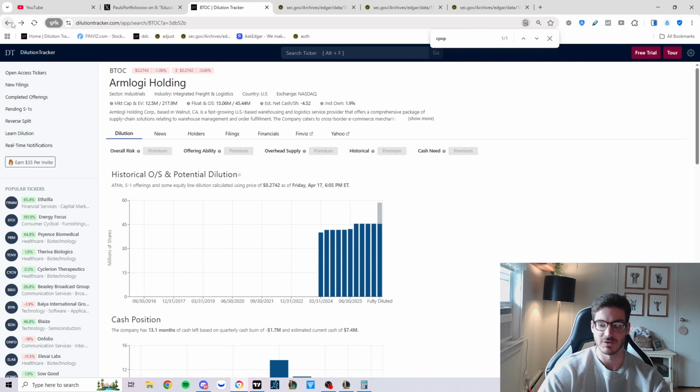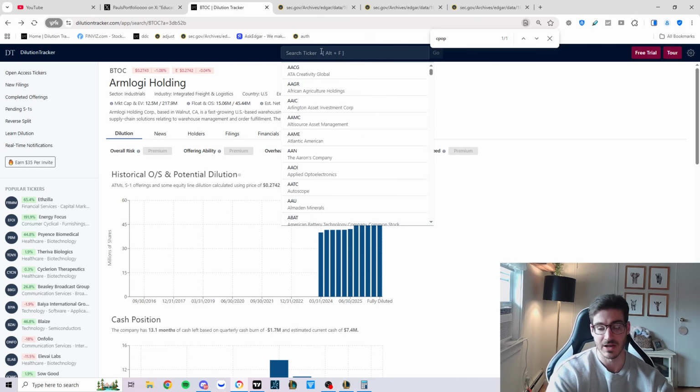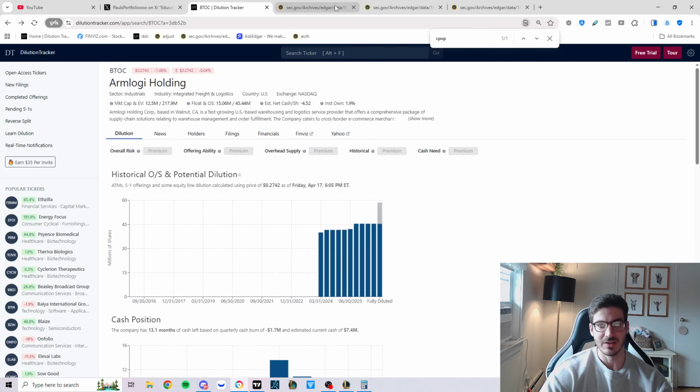Let's just say I have a $20 million ATM. I could file a prospectus to use 5 million of that, use all that, then file another prospectus and use 5 million of that, then use that one too, right? DHAI had one, they delisted. Sorry guys, I should have been more prepared with pulling this stuff up, but that's a nice way to be able to look.